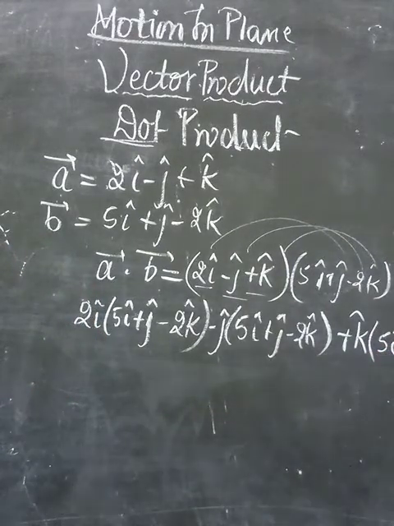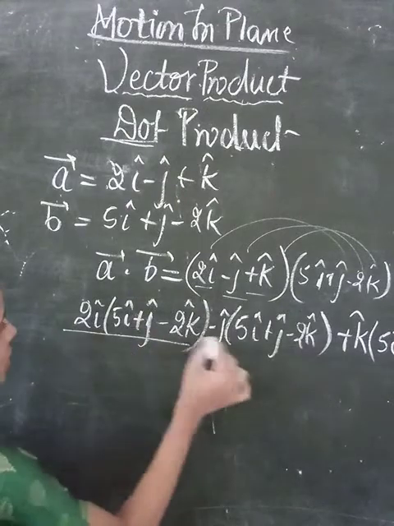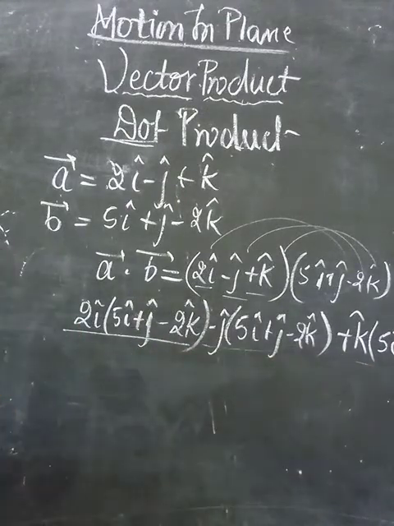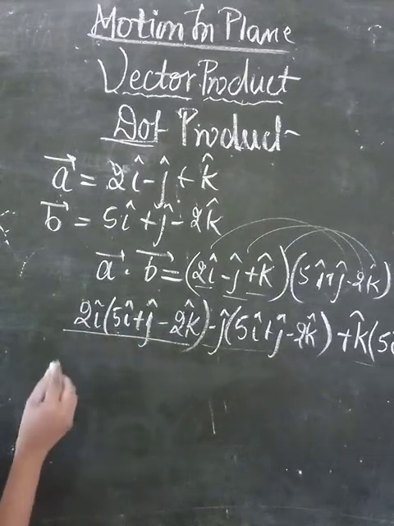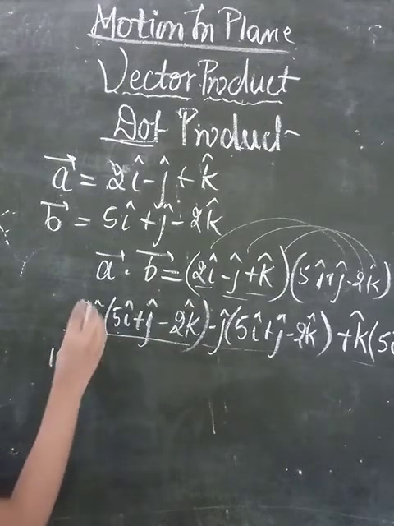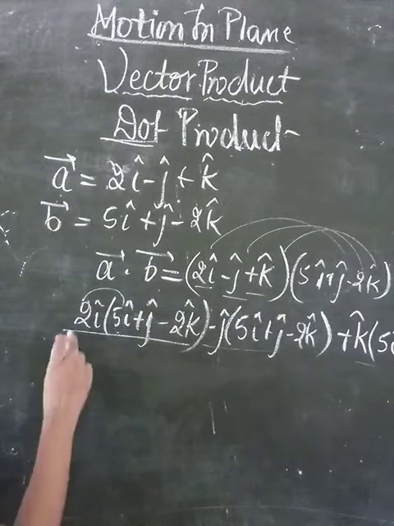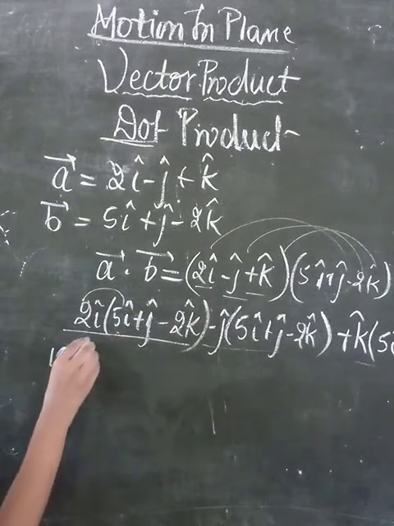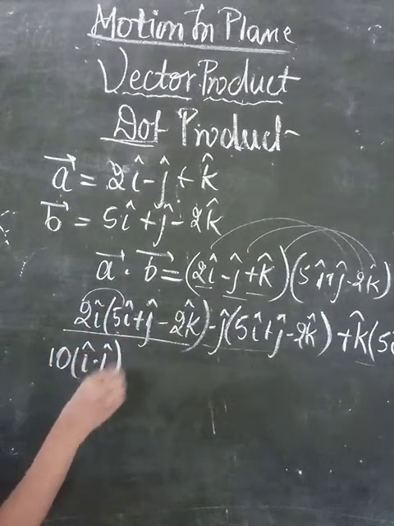Now just see the first bracket, you will understand that because the other brackets will be solved similarly. See the first one, we have to multiply these together. We can multiply the scalar quantities with each other, that is 2 fives are 10, and the vector quantities can be given as i dot i.